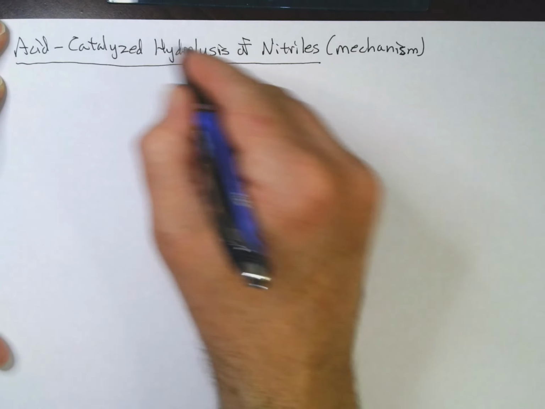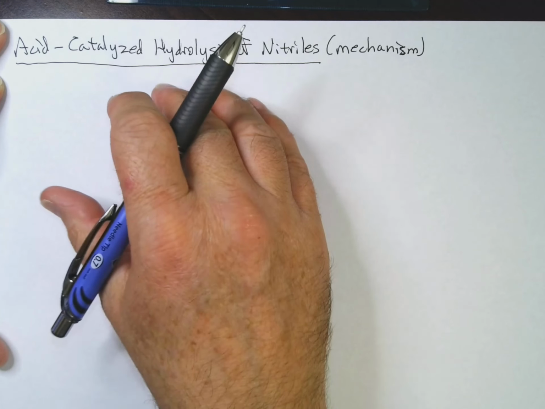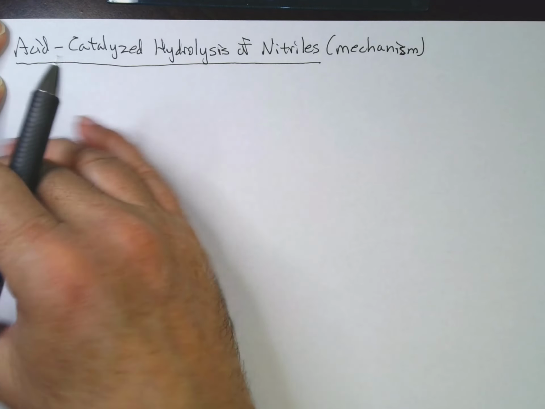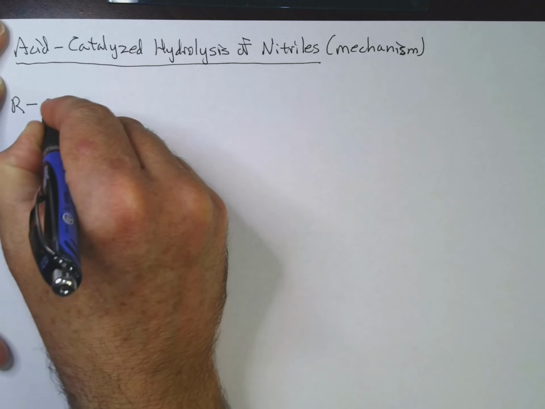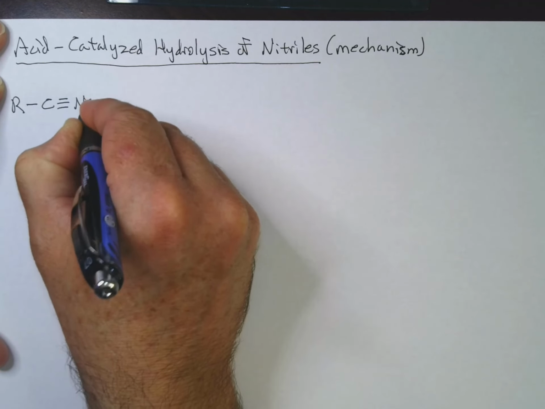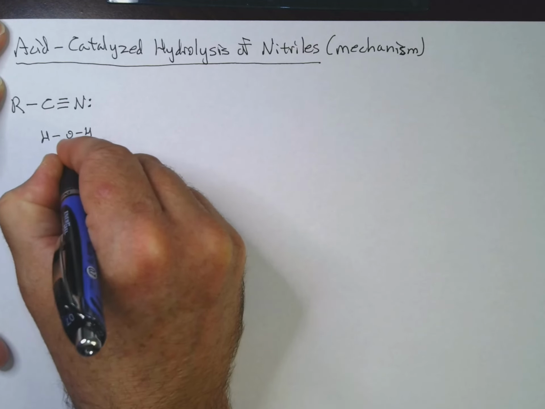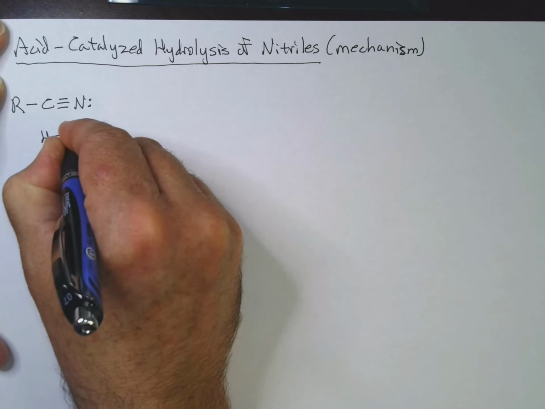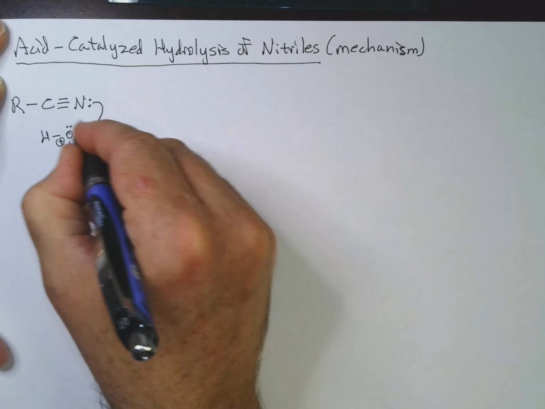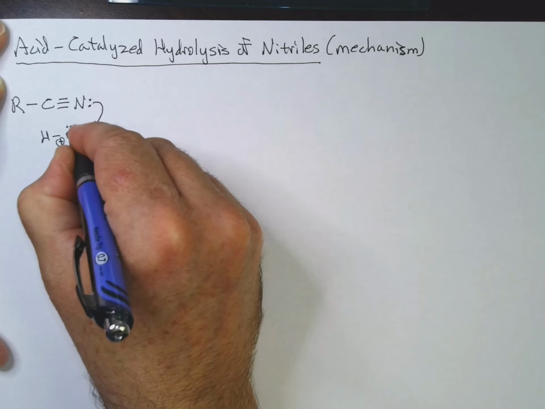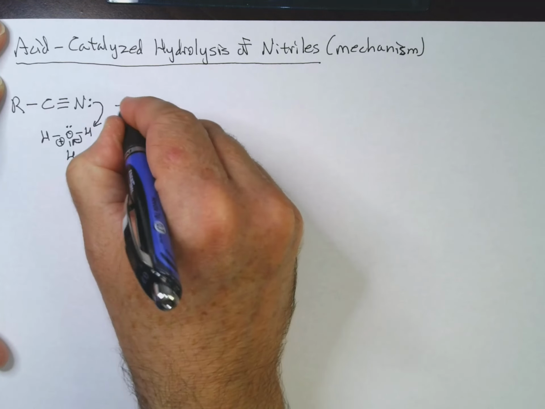So acid-catalyzed hydrolysis means we have H3O+. We have protons, we have water, we have aqueous protons. So we can start with our RC triple bond N, and the first thing we should do, of course, is protonate, because we don't have a strong nucleophile, we just have water.